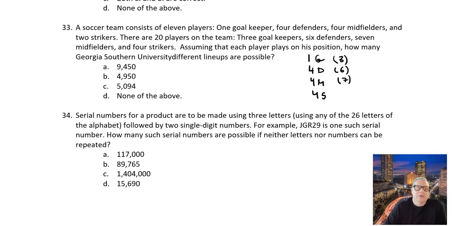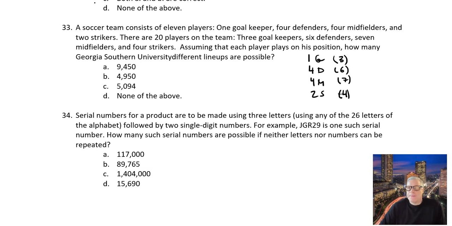That was a typo here. We can choose from 4 strikers, but on the pitch we will have only 2. So 1 goalkeeper, 4 defenders, 4 midfielders, and 2 strikers.